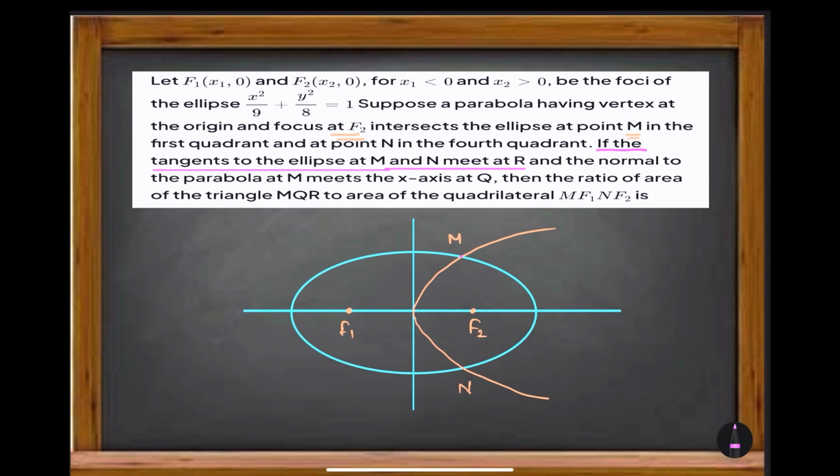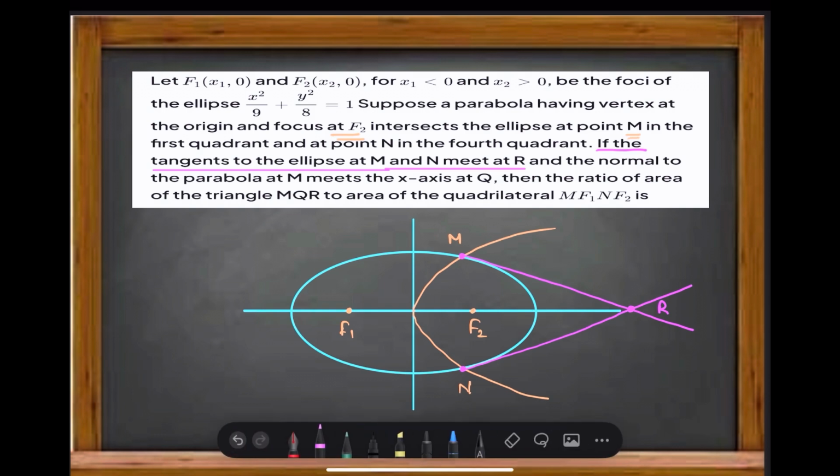So look at this, this is the point and this is the point. If you drop tangent, it will go this way. If you drop tangent, it will go this way. So tangent to the ellipse meets at R. Okay, so you have to find out point R.